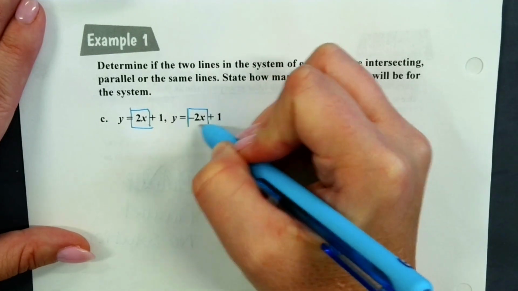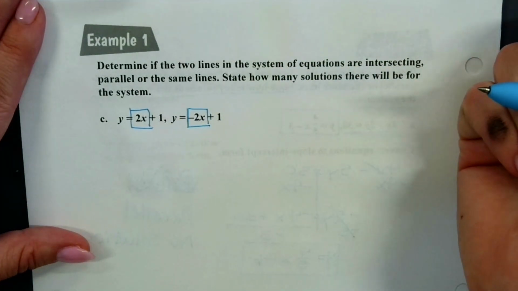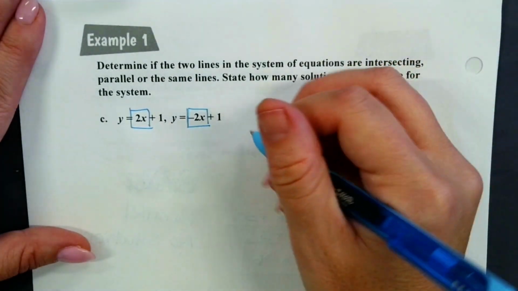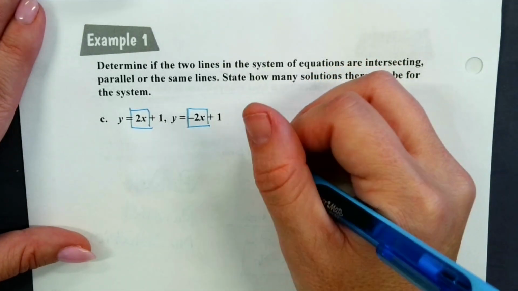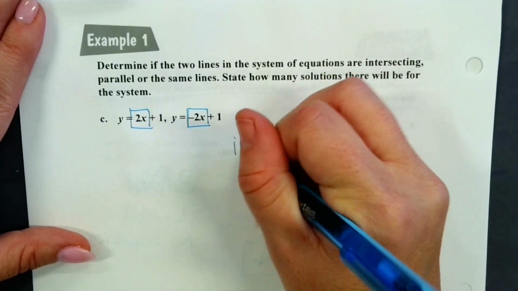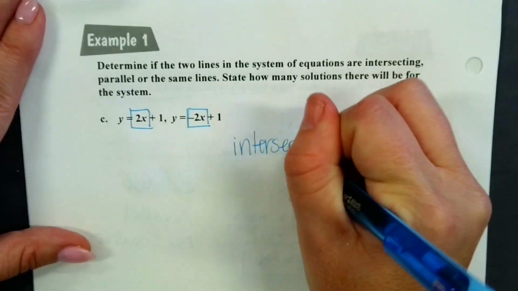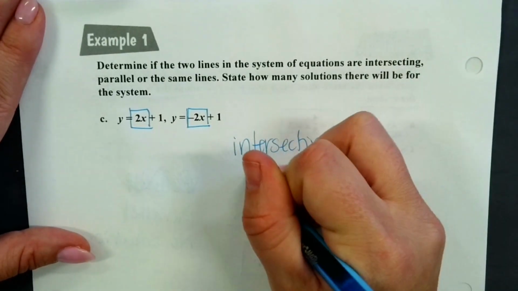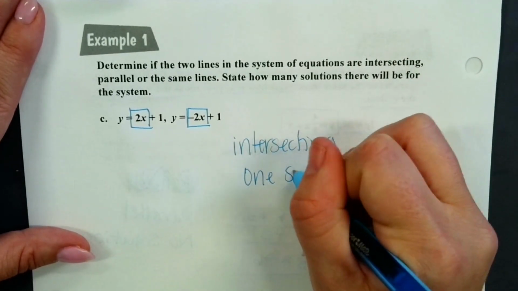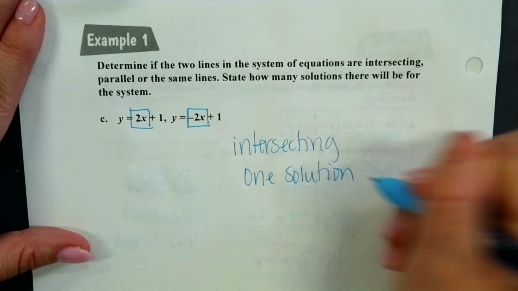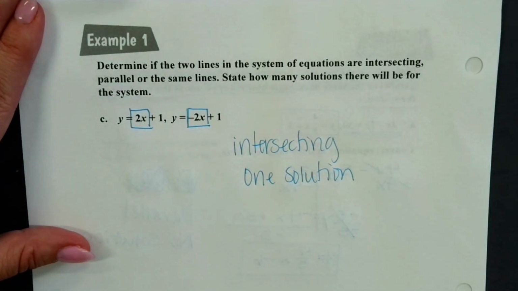Let's look at our slopes. They're different though, so if they're different slopes, they're what? One solution. Yep, intersecting with one solution. We're building on this on Thursday. You have to know how to do this because I'm going to build on it.